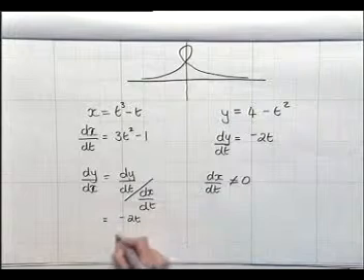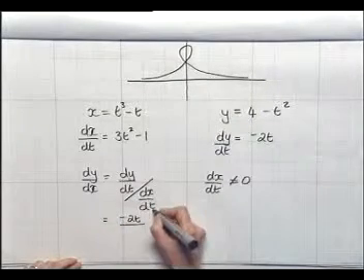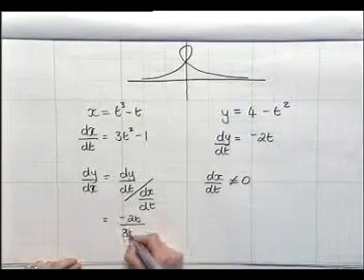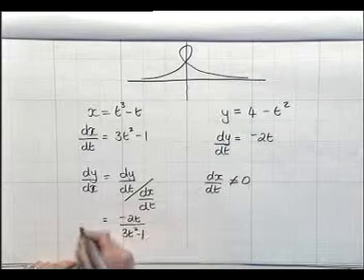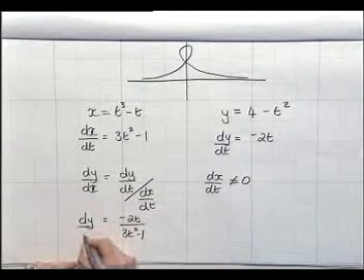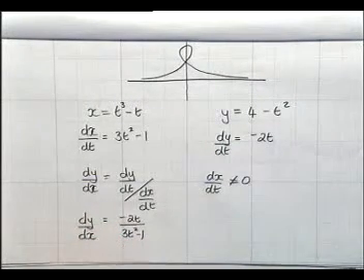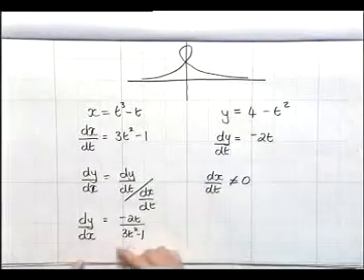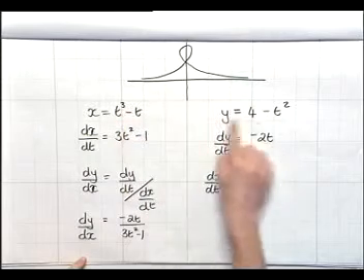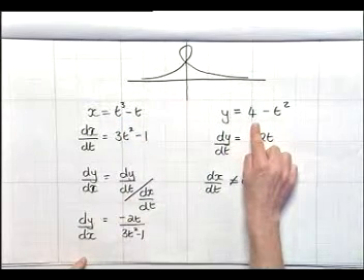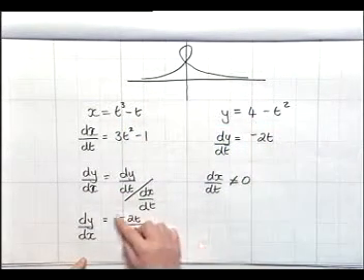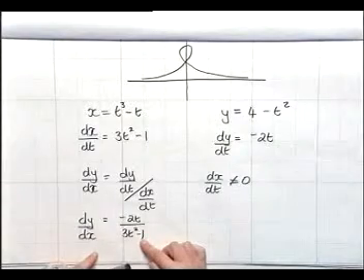Dy by dt is minus 2t, and dx by dt is 3t squared minus 1. So again, we've found the gradient function of the curve from the parametric equations, but it's in terms of the parameter t.